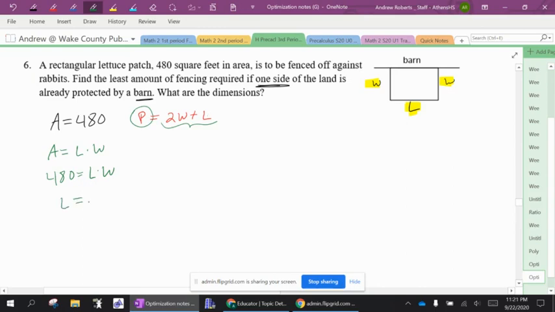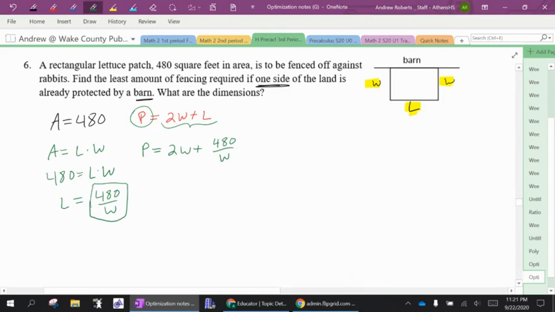So length is going to equal 480 divided by W. So I will have my perimeter equals 2W plus length, which I'm going to replace with 480 divided by W. So I have that. That's what needs to be minimized.